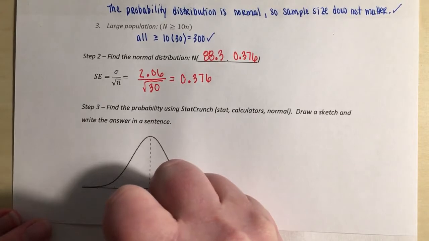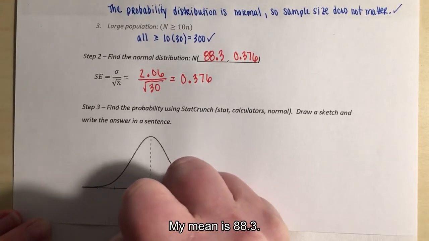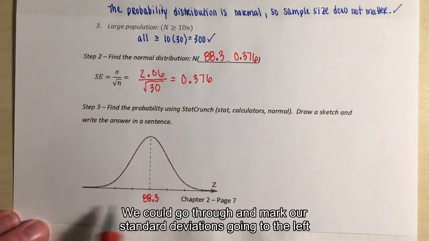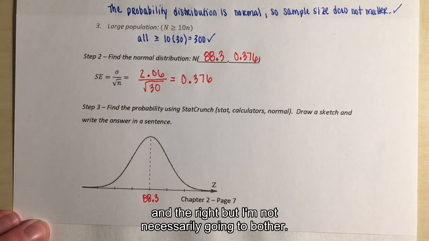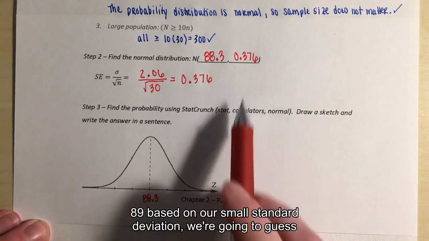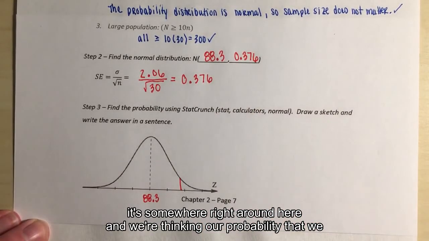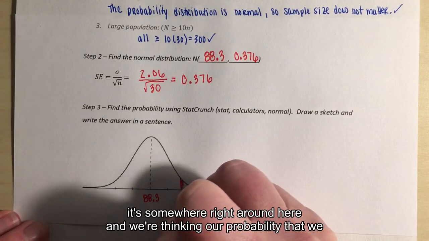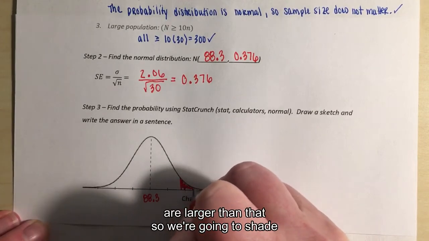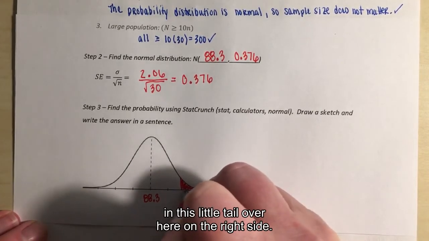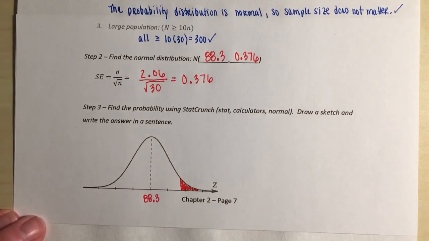I am going to mark my mean, which is 88.3. We could mark our standard deviations going to the left and the right, but I'm not going to bother. 89, based on our small standard deviation, we're going to guess is somewhere right around here. Our probability is that we are larger than that, so we're going to shade in this little tail over here on the right side.